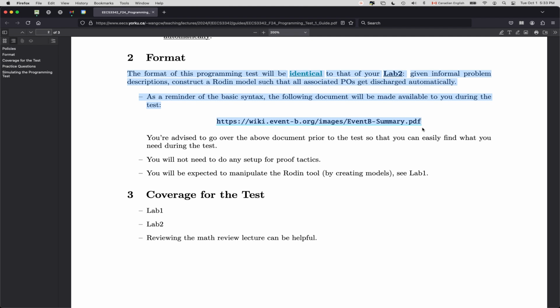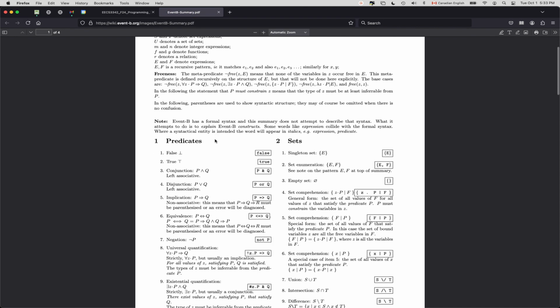So get yourself familiar with this document, which I already referenced earlier. It contains mathematical definitions and ASCII syntax for the different operators that you may want to use. Make yourself familiar with it. But for the common ones, you may already know them pretty much by heart, so you don't really have to refer to them. But the document will be there, just to let you know.